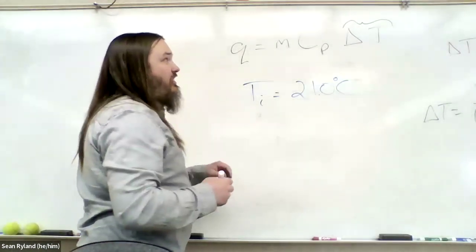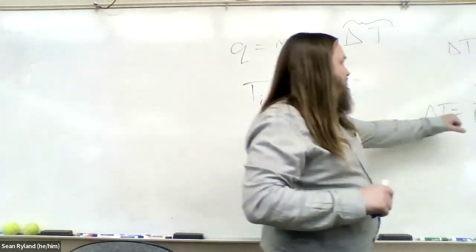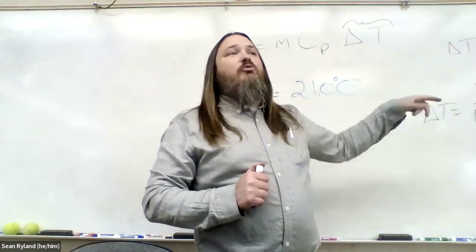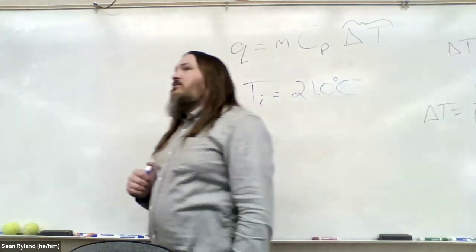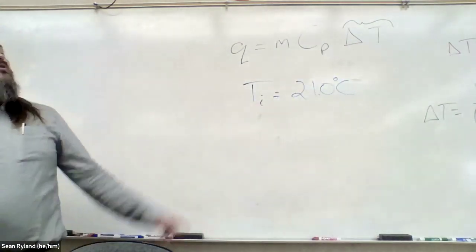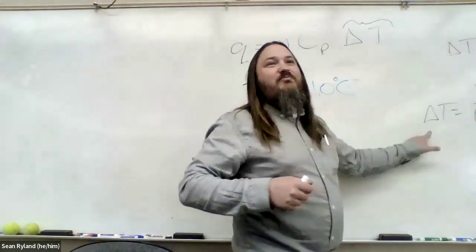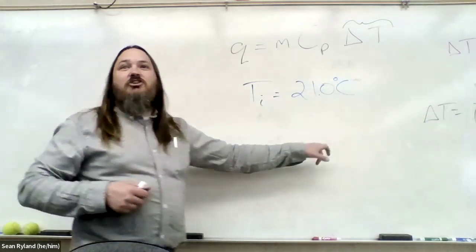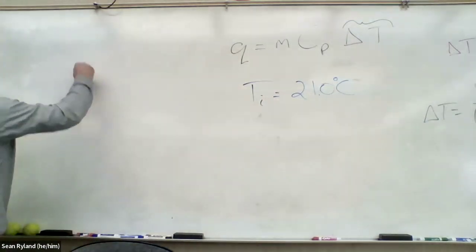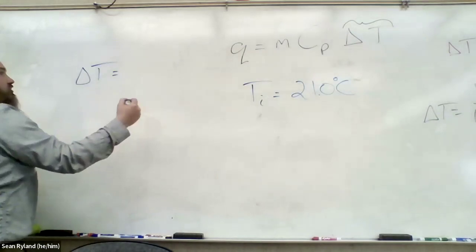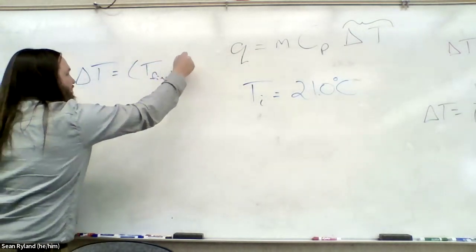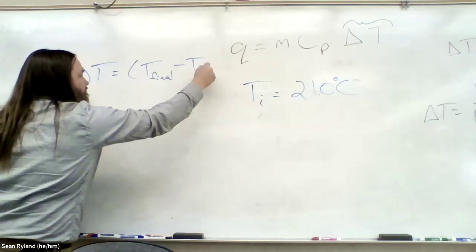And the other key with this delta term, it's change in temperature, right? Which mathematically, how do we write delta? Final minus initial. So delta T is a shorthand for T final minus T initial.